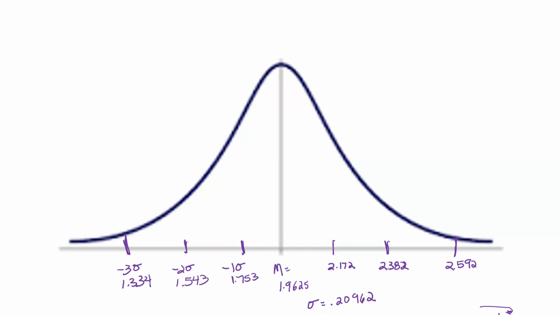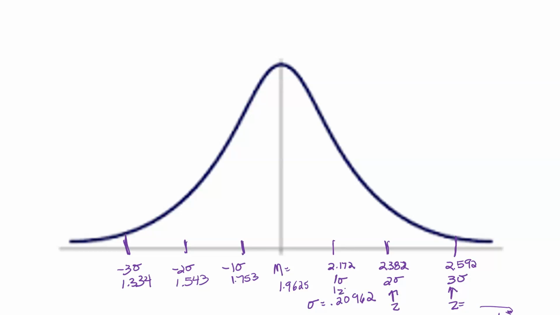Okay, so because we've converted this into our normal distribution curve, and we've identified 1 standard deviation above the mean, 2 standard deviations above the mean, and 3 standard deviations above the mean, these are our z-scores, right? Perfectly identified at 1, 2, and 3, okay?